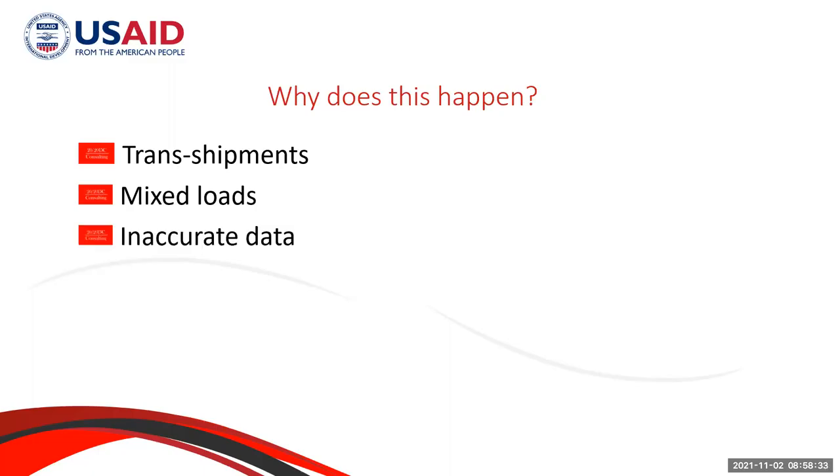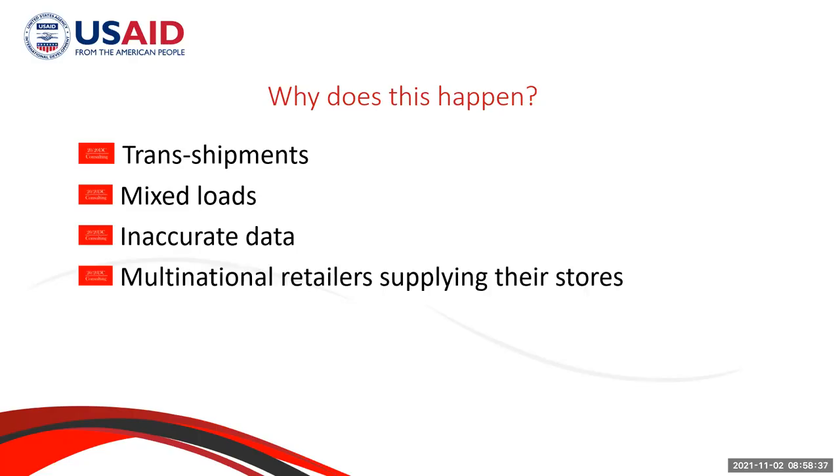The data could be inaccurate. They could be using the wrong HS code. Or it's a multinational retailer, Carrefour or Aldi or somebody that is supplying their own store, and they're shipping a truckload of grapes and lettuce and celery and eggplant and everything else, aubergine, into the market. So it may be the retailer bringing the product in.